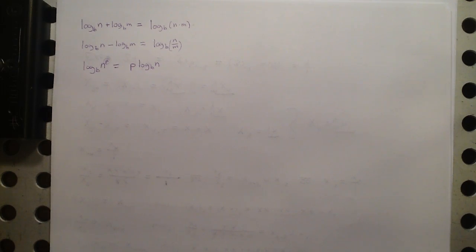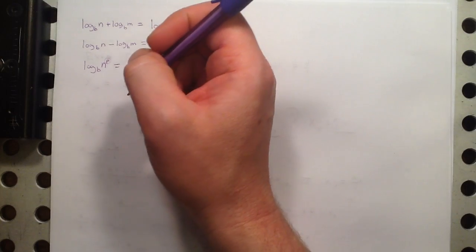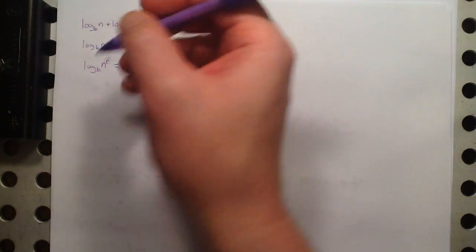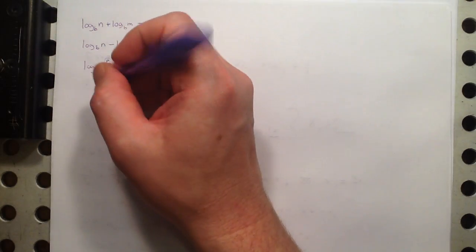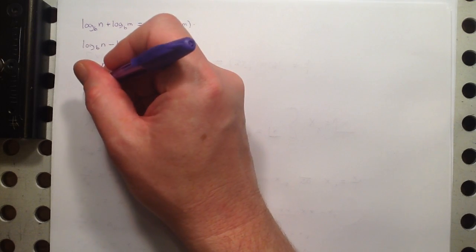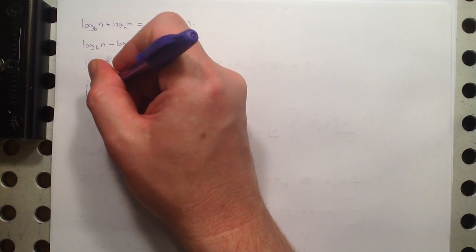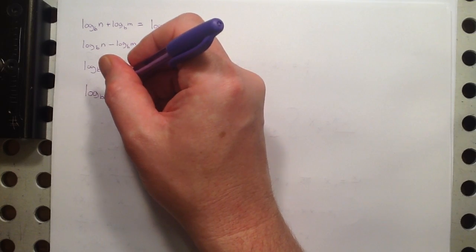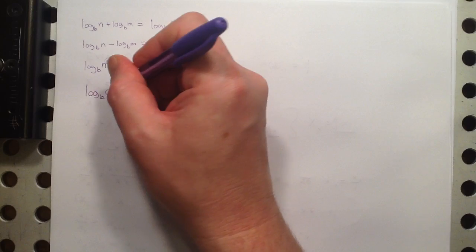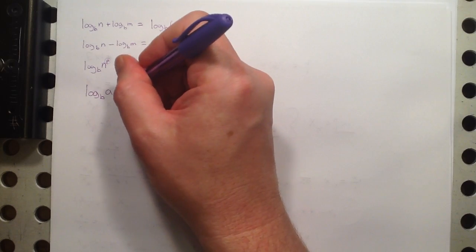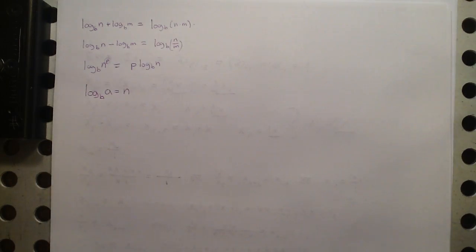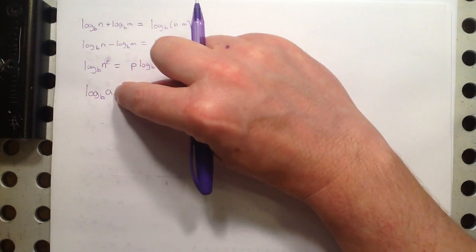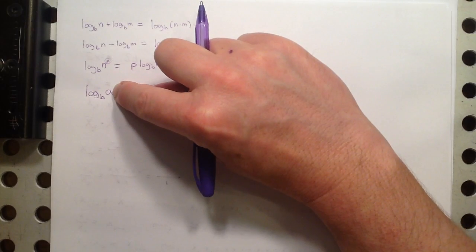All right. Maybe in addition to this, I probably should have done this first. Maybe it's a good idea to just talk about what this means. Log base b of some number a is equal to n. If you have a statement like that, what's really going on here? Well, a logarithm is an exponent.